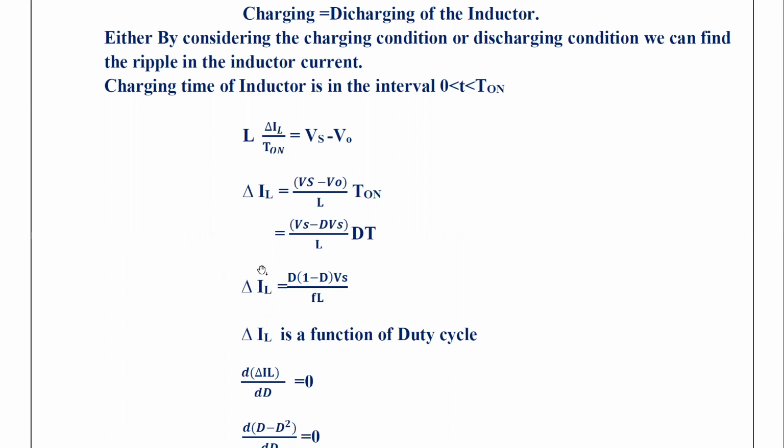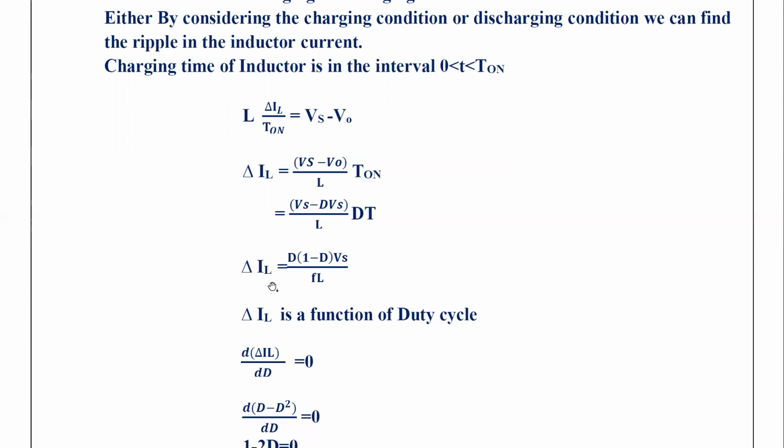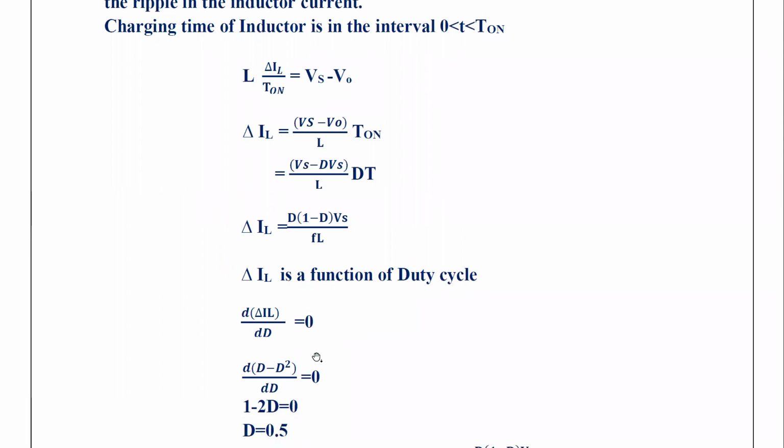As we know, the change in the inductor current, or the ripple current, is a function of the duty cycle. Therefore, differentiate this ripple current with respect to the duty cycle and equate it to 0, then you will get the maximum or minimum value of the duty cycle.